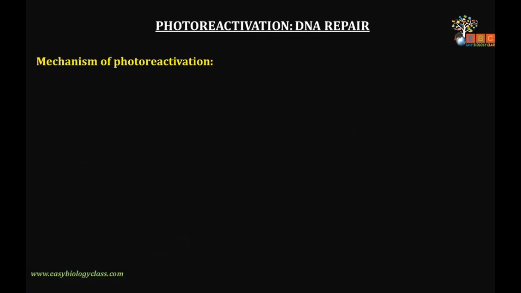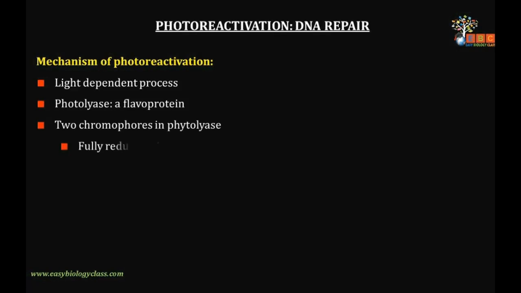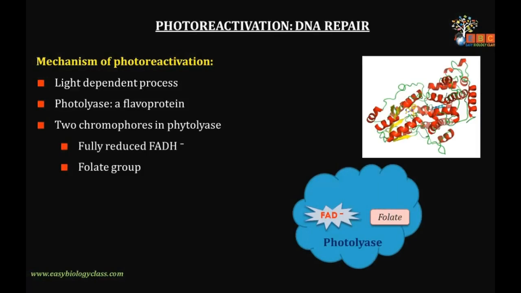Then let's see the molecular mechanism of photoreactivation. As we said, photoreactivation by the enzyme photolyase is a light-dependent process. Photolyase is a flavoprotein and it contains two chromophores which absorb light energy from visible light. The chromophores act as catalytic cofactors. The two chromophores of photolyase are a fully reduced flavin adenine dinucleotide, or FADH-, and a folate group.